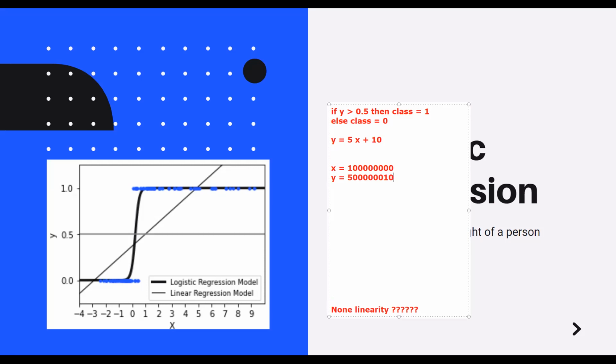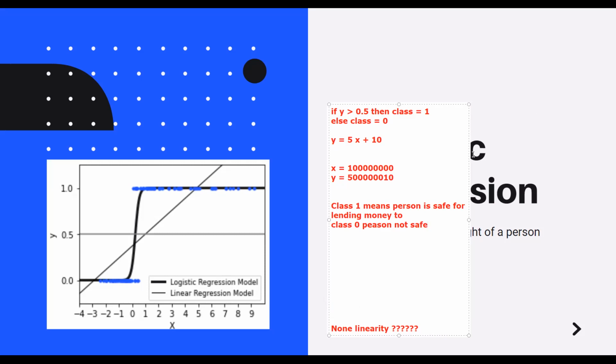Can somebody tell me if this is easily interpretable by you? So if I tell you class 1 means the person is safe for lending money to, and class 0, the person is not safe, what does 5 billion mean to you?